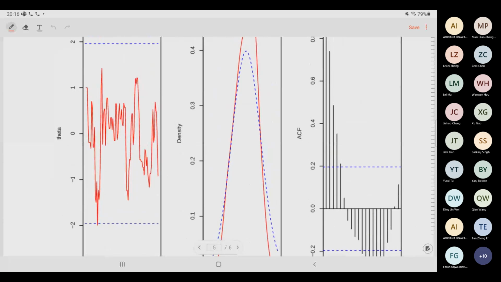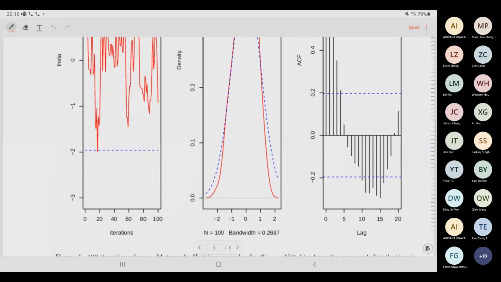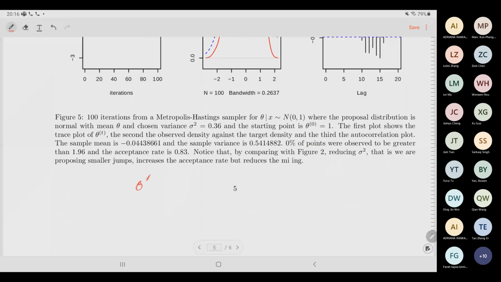Let me just say, if your proposal is normal with variance 0.36, then because it's normal, we have the mean at theta, and it can move like 2 standard deviations, 2 times 0.6, which is around 1.2. So this is if you have a sigma square of 0.36.